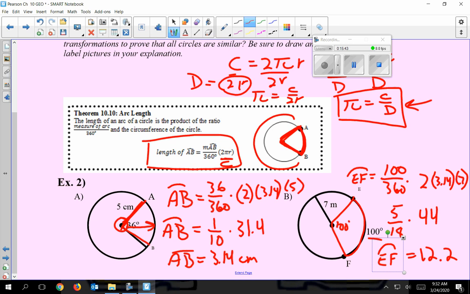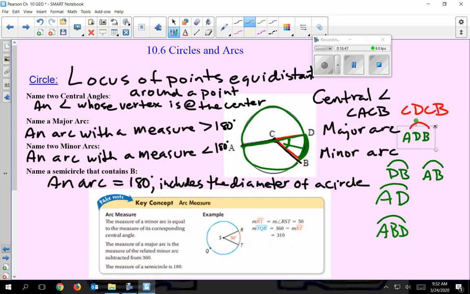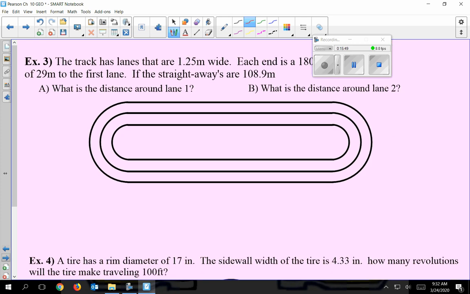Okay. So go back down to these next two questions, and this gets really involved. Some of you guys are really smart and will probably think this one out a little bit. I'm going to do it the long way, right? So I'm going to take the question here, and each end is a semicircle.